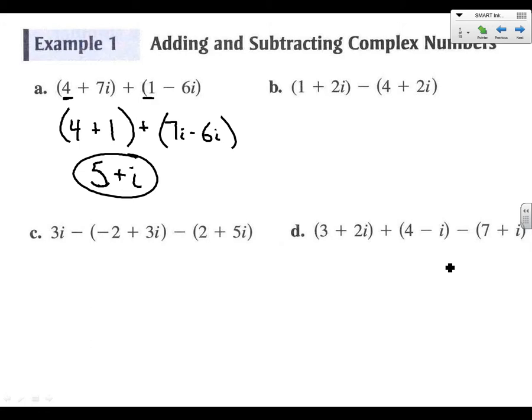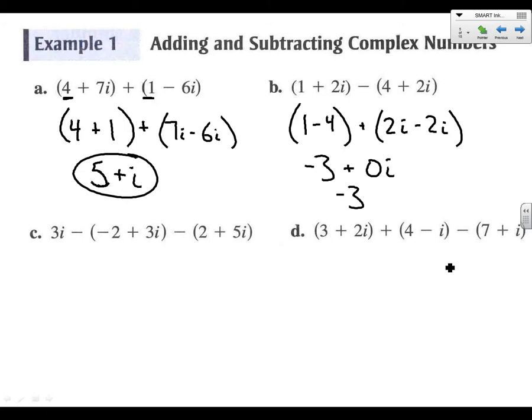All right, moving along, if we take a look at part B, we're going to have 1 minus 4, and we're also going to have 2i minus 2i, so our final answer here is -3 plus 0i, or just -3.